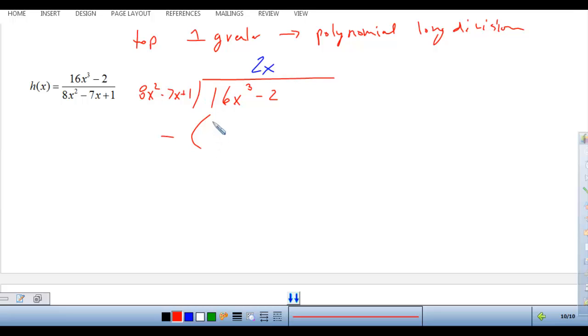We're going to go ahead and subtract those, so I get 16x cubed minus 14x squared plus 2x. So then we're going to go ahead and subtract these. Set a nice bar here, clean it up a little bit. So those cancel. I'm left with minus a minus.